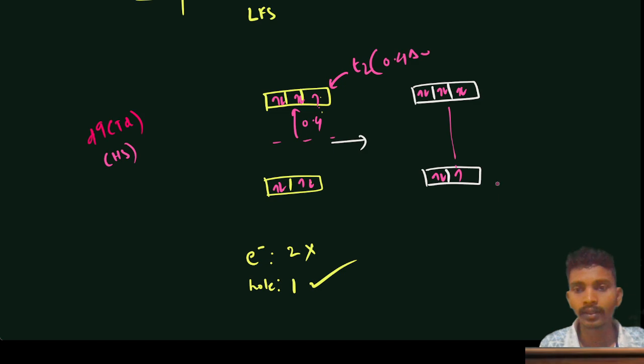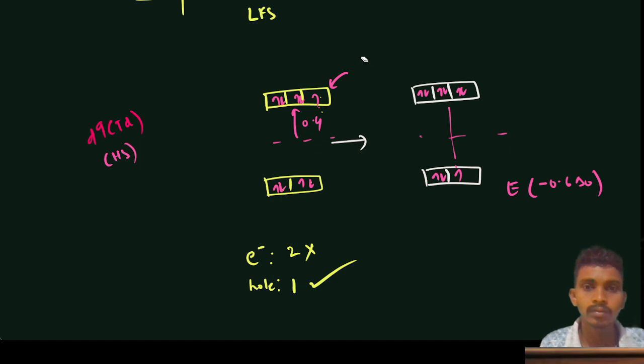And here it is the degenerate state, and its value is going to be 0. So the CFSE will be minus 0.6 delta naught. Okay, and that will cancel with each other. So this will be how many? 2. This will be how much?